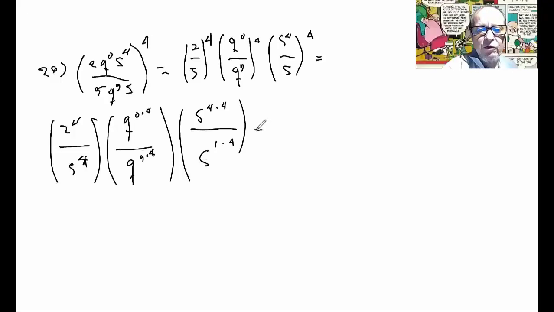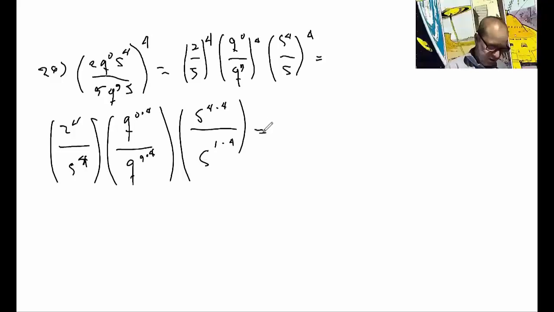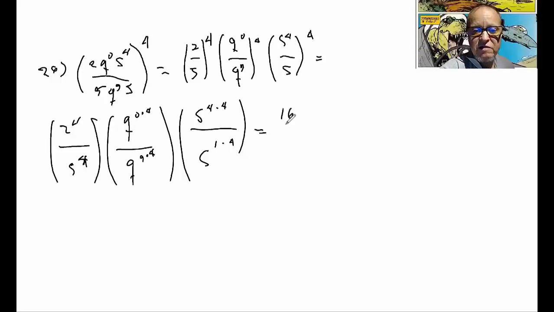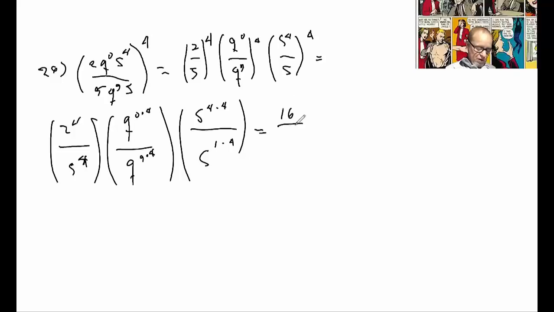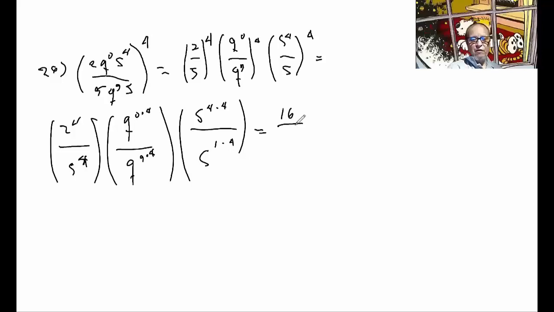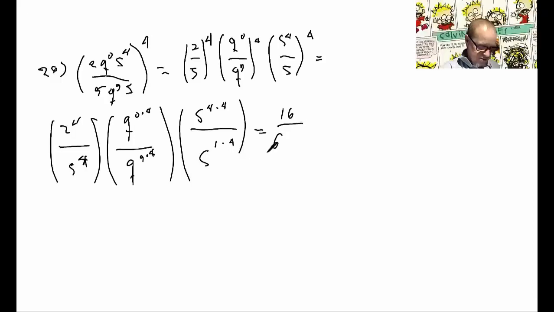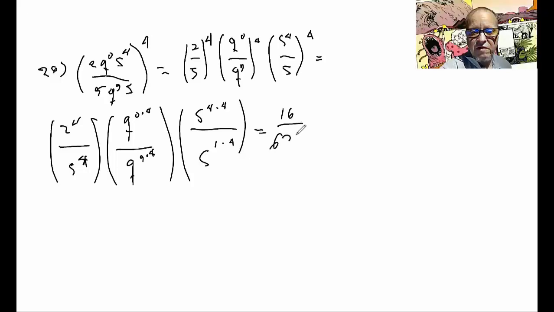And now I work it through. So I have 2 to the 4, that gives me 16. And on the bottom, if I work out 5 to the fourth power, it turns out that that's 625.